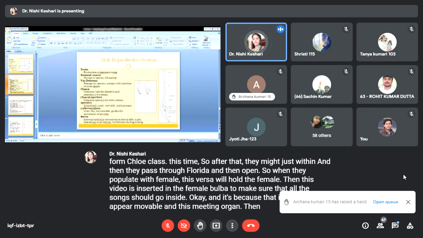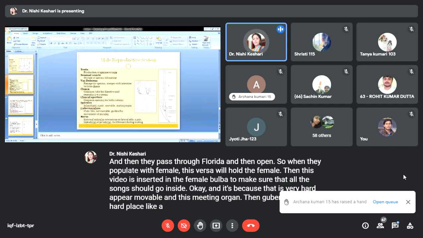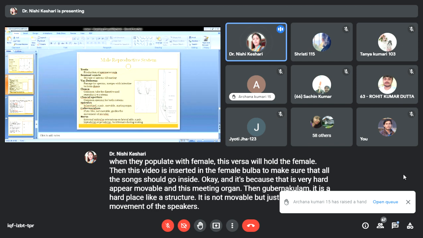Then the gubernaculum, it is a hard plate-like structure. It is not movable, but just guides the movement of the spicules. Then the bursa is actually the cuticular part.